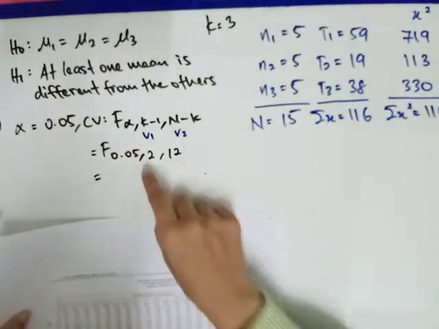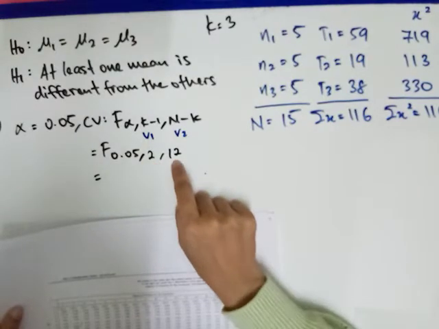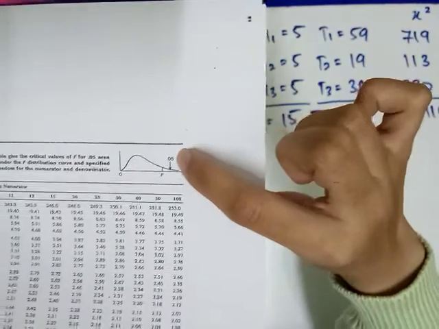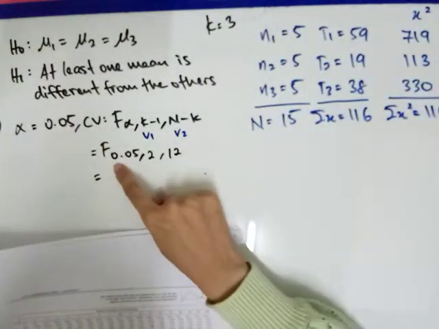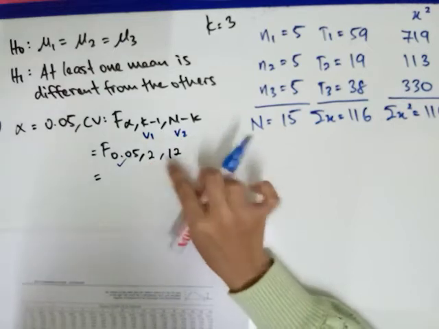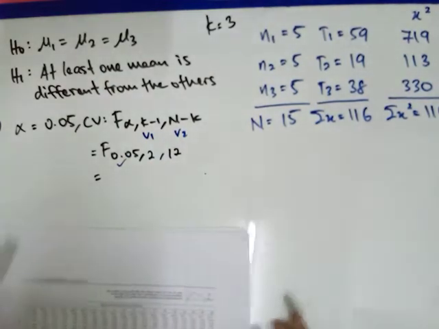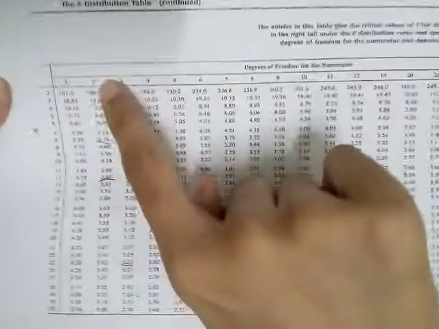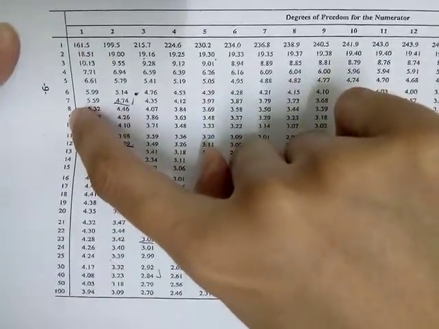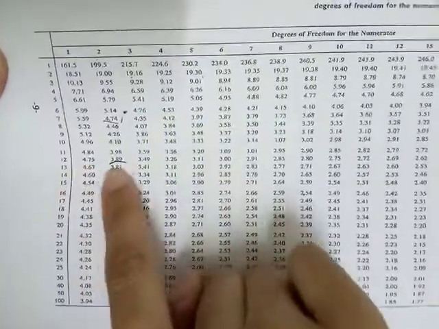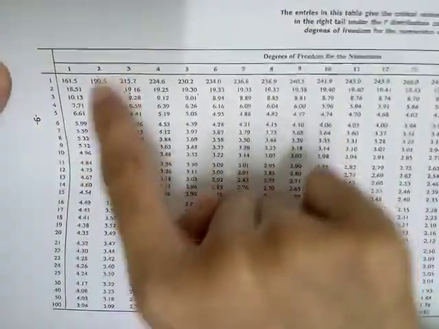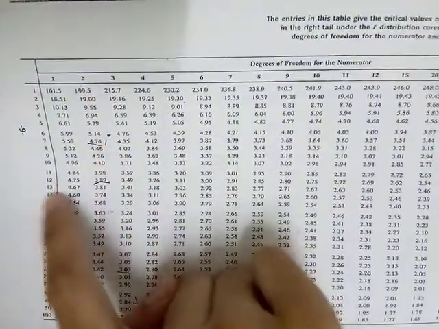So you need to find the 2, 12. 0.05 ni yang based on graph. Awak dah settle untuk graphnya 0.05, and then you need to find 2, 12. V1 is 2, V2 is 12. So 3.89.